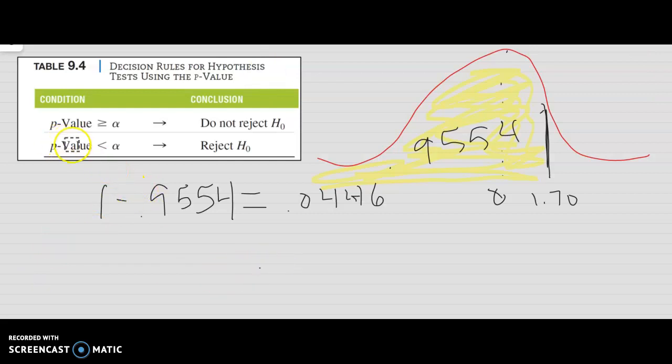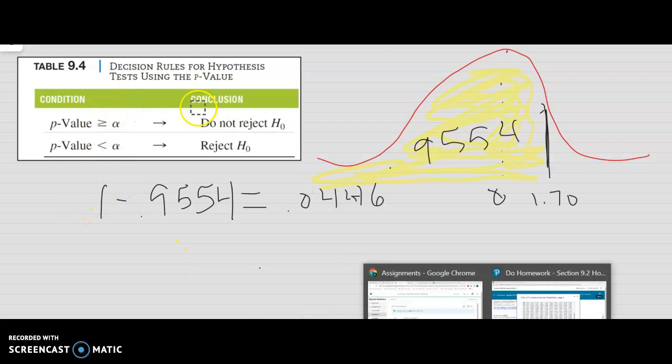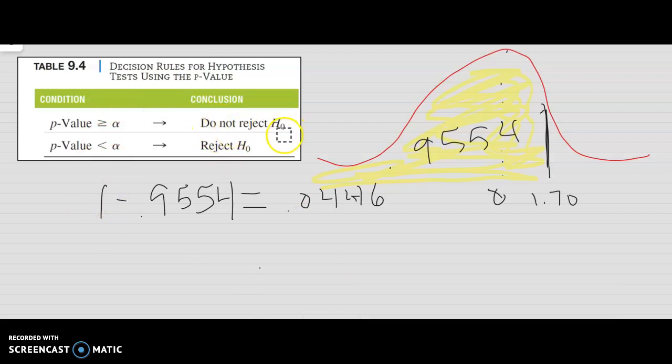Now, we are going to figure out, do we reject or not reject the null? You're either going to reject it or not reject it. You're never going to accept the null. Those are your two options.